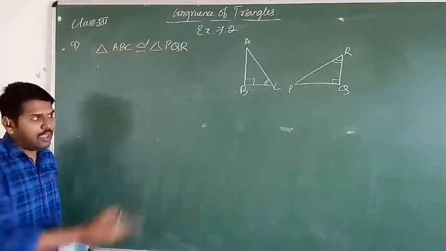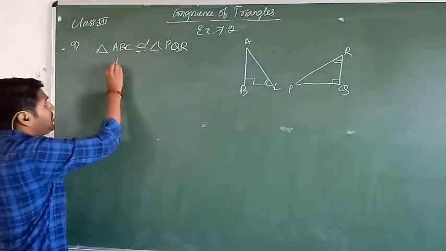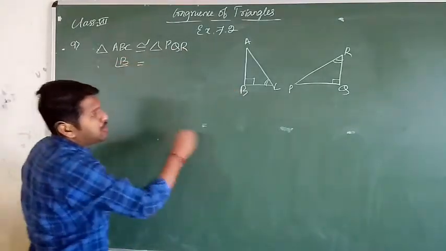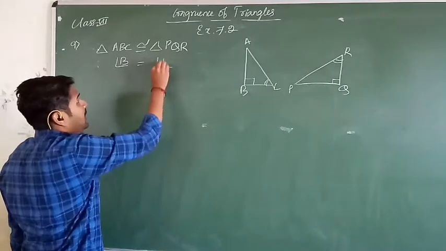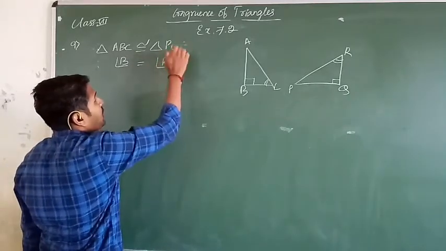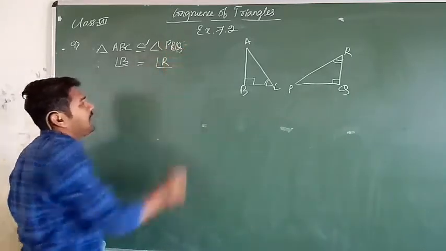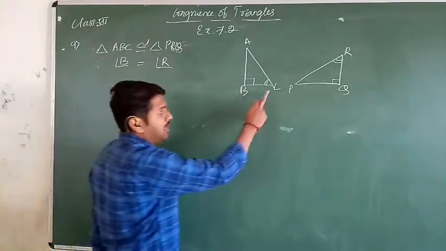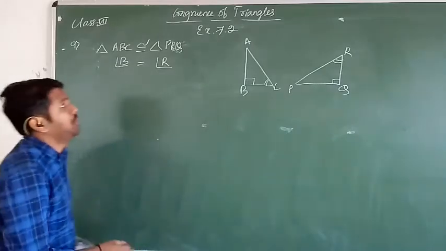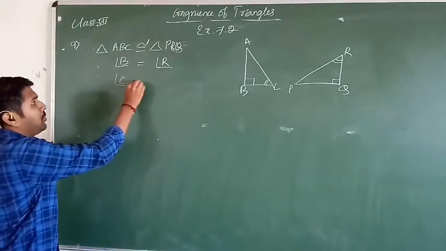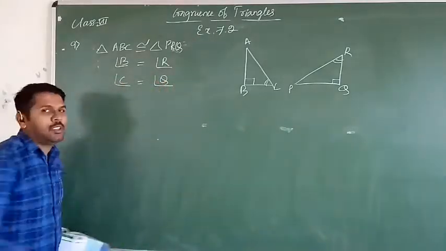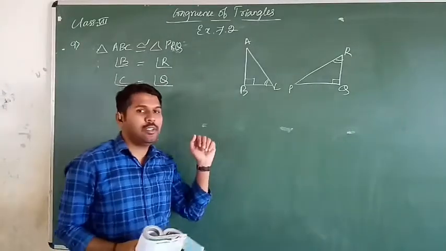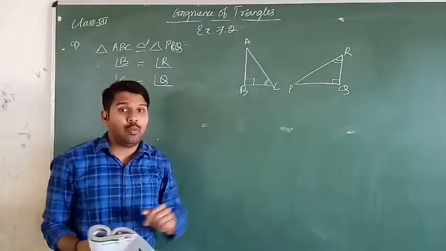Okay. And angles they give. Angle B equals angle R. So this is PRQ. So write down as PRQ. So angle B equals R. Next C equals Q. Here two angles. So last one, additional pair.